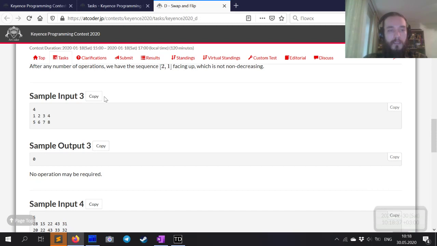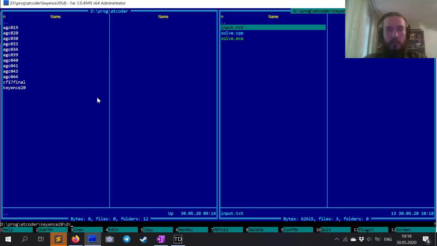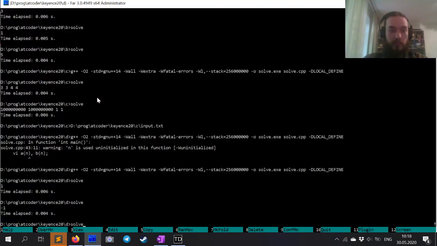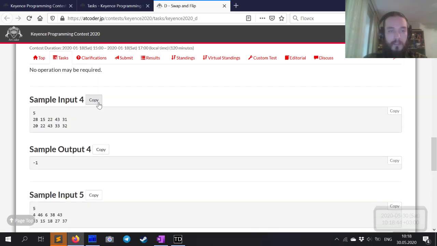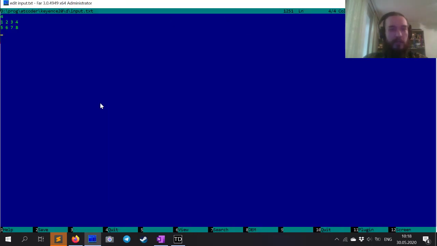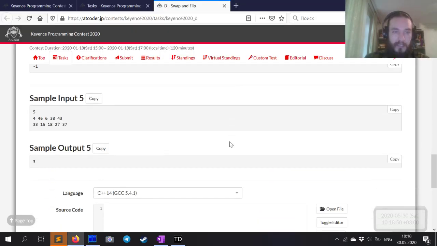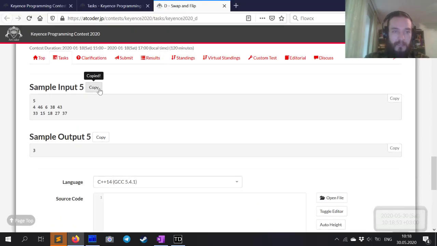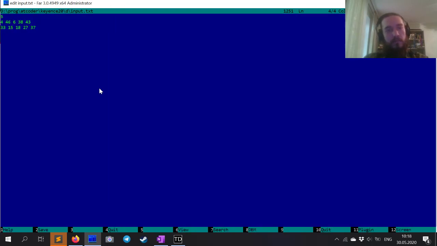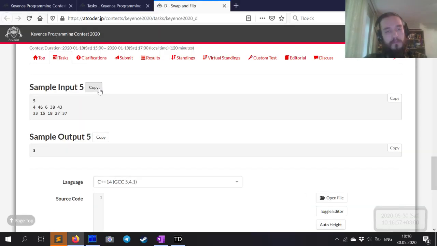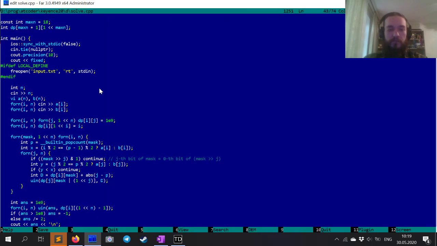Okay, here the array is already sorted. Cool. Here there is no answer for some complicated reason. And here you should make 3 operations. Well, that worked.